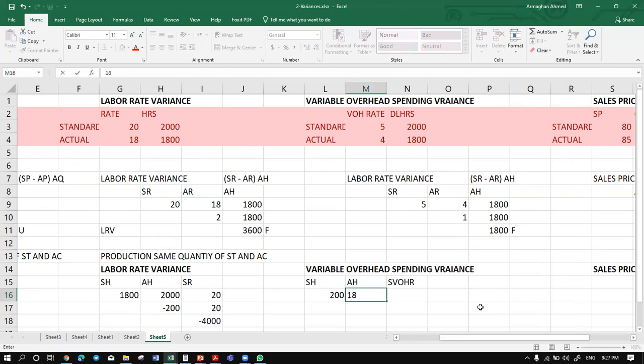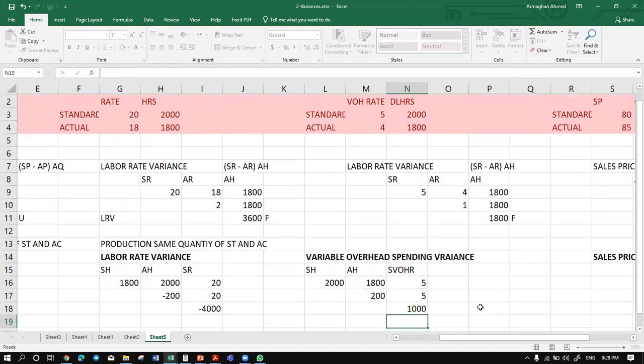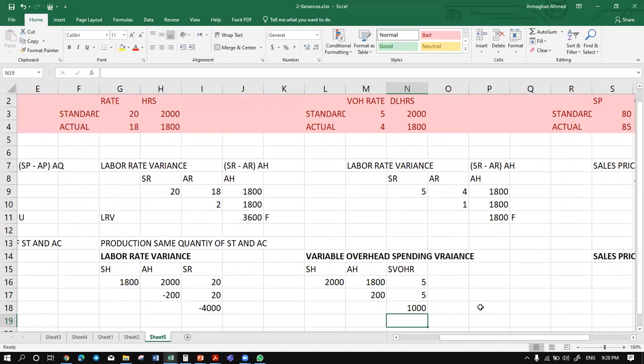Actual 1800. The standard rate is 5. So how much will it be? 2000 minus 1800 is 200, multiplied by 5. Is it coming positive or negative? Actual is less, so this is favorable.